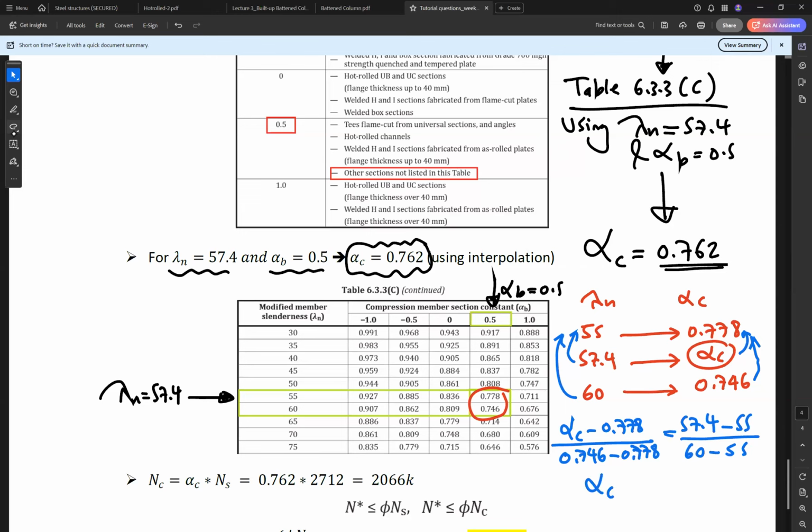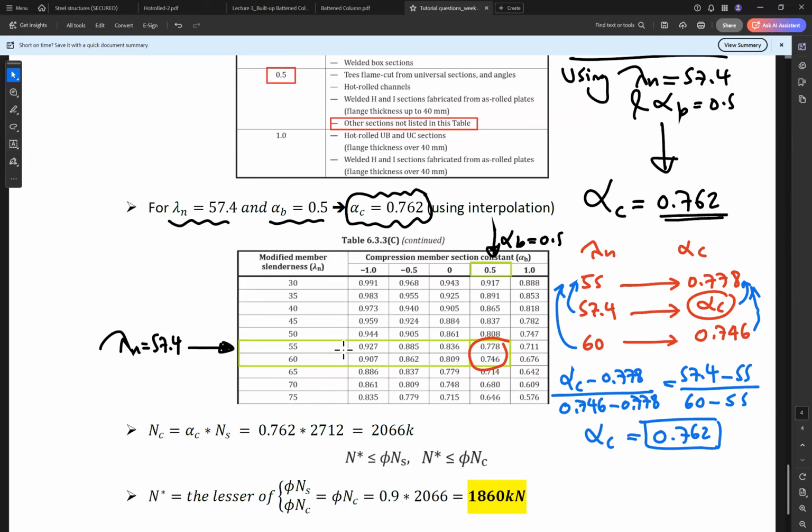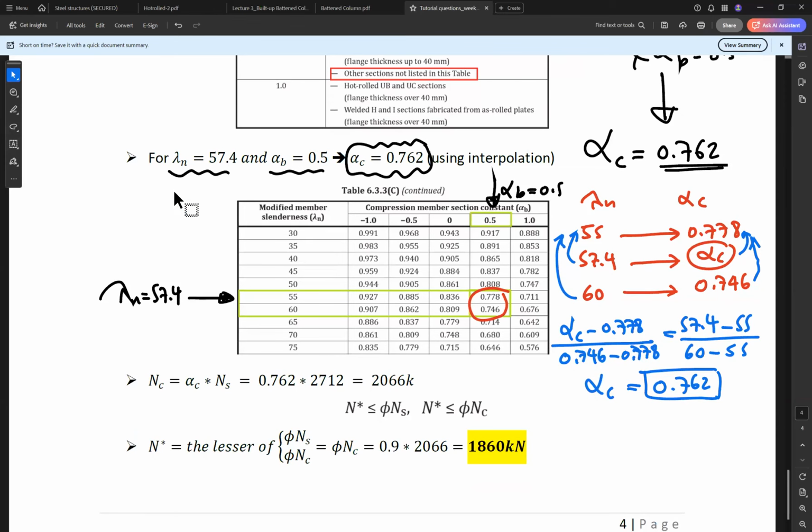This will give us the value of alpha c equal to 0.762. Okay, so this is our alpha c. If we know alpha c, we can apply it in the formula of member capacity.